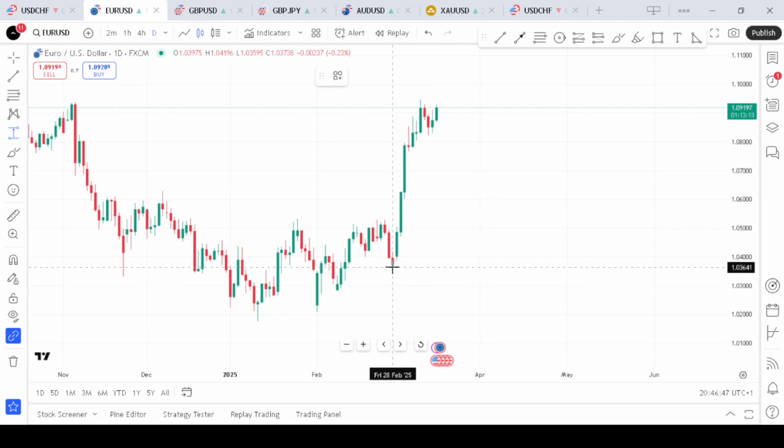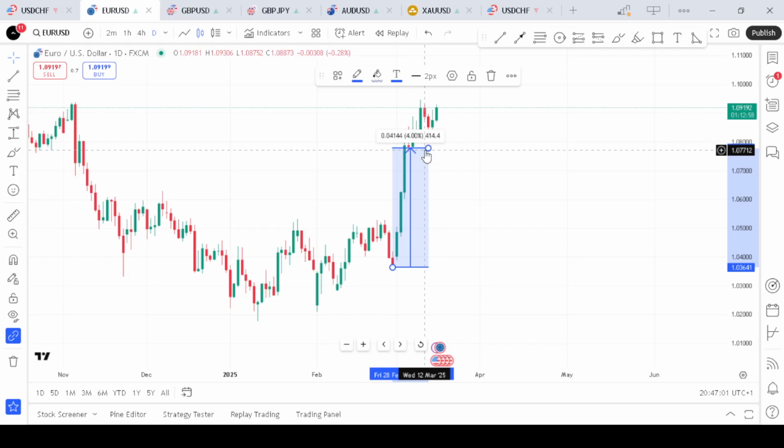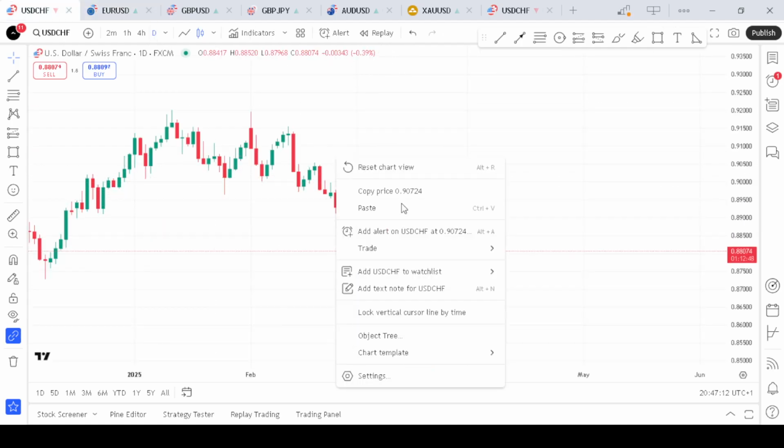We are going for a distance of, this is the particular distance we are going to, and this is an approximate of 414 pips. So I will copy this and I will put it in my other chart of the USD CHF to show the difference in their pip value.